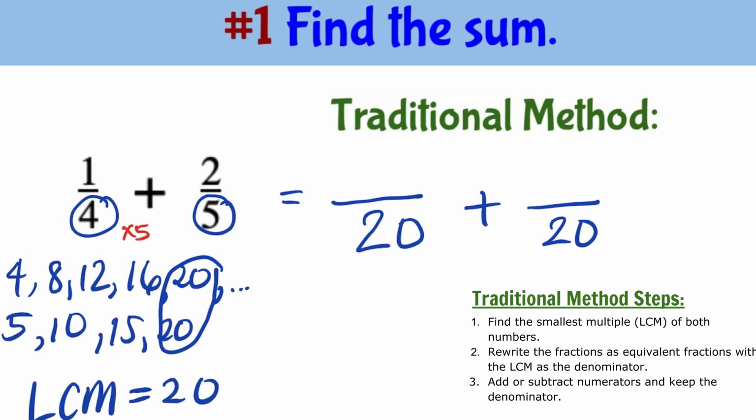We need to multiply the numerator also by 5. So 1 times 5 is 5, and 4 times 5 is 20. Doing the same thing with the second fraction, which has a denominator of 5, we need to multiply this by 4 and this by 4.